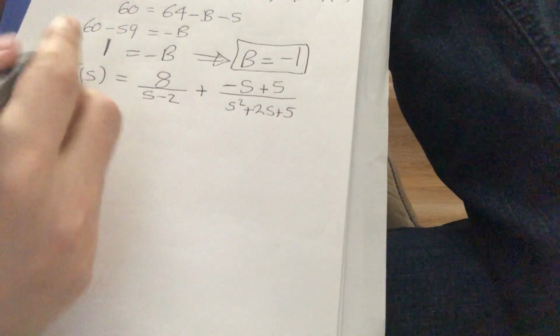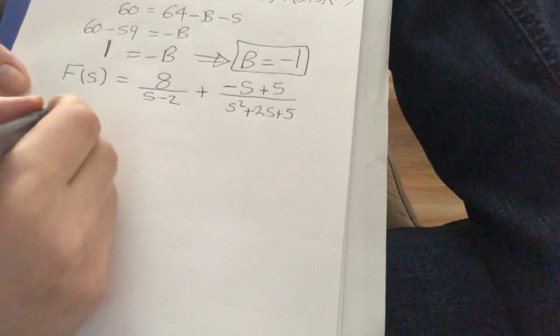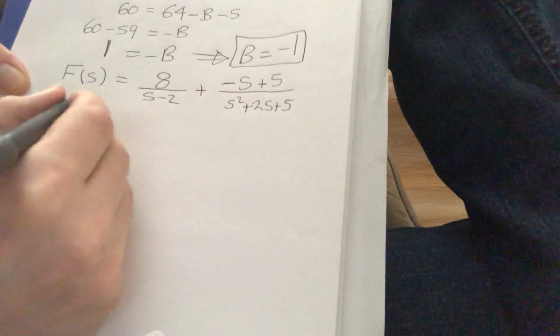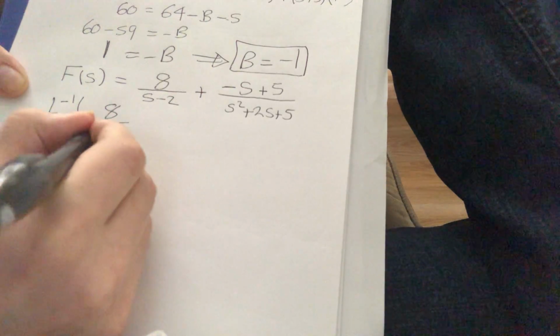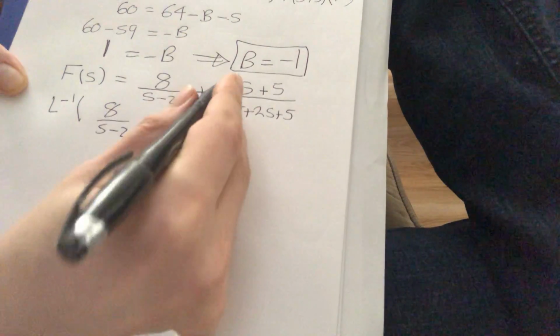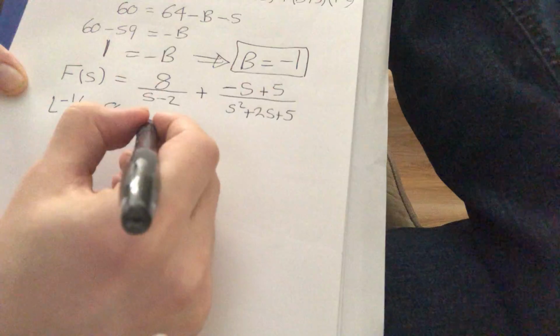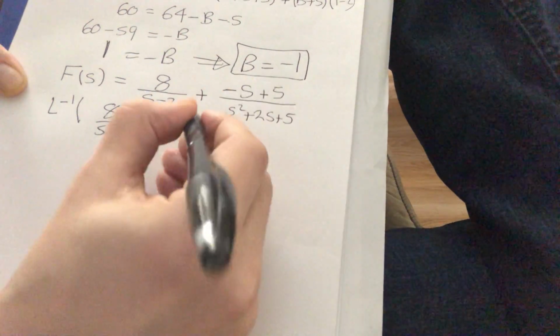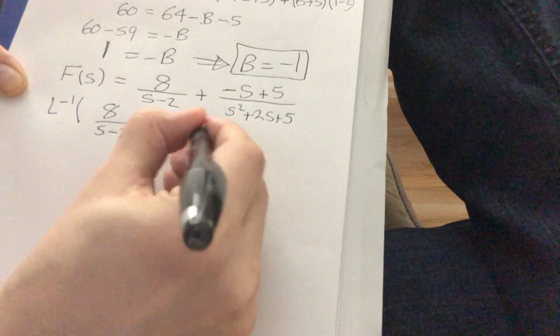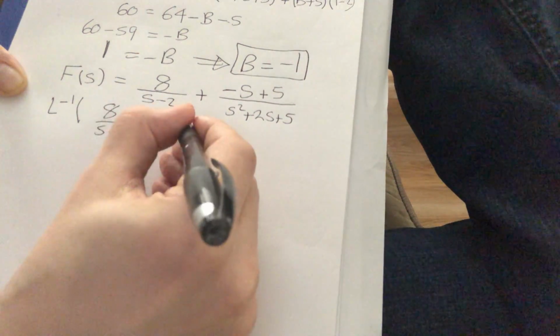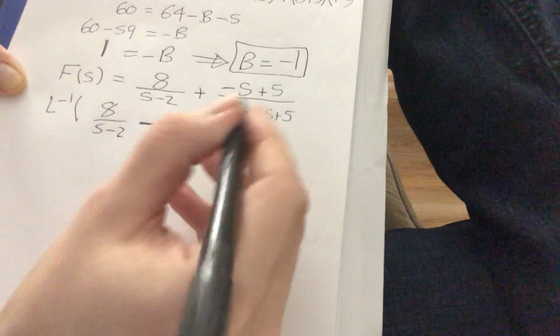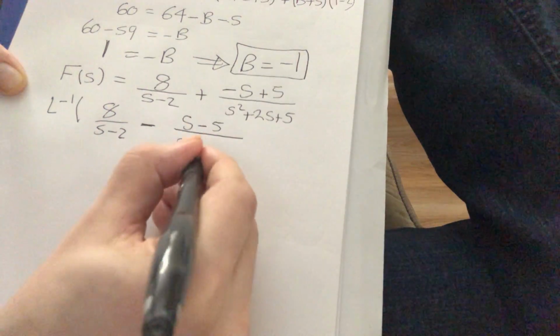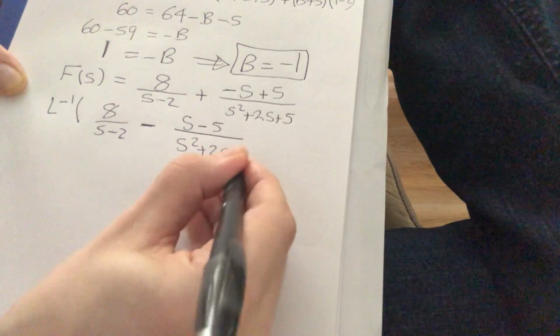Now, to do the Laplace transformation for this, I can take the negative outside, then that makes it s minus 5, because if you take it inside, it becomes minus s plus 5. And the bottom is still this.